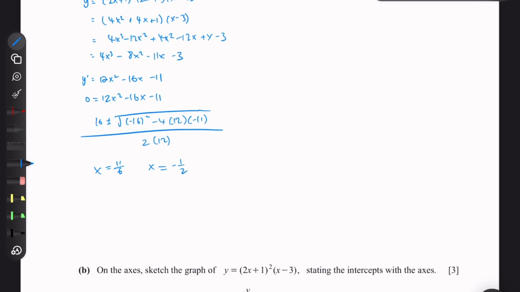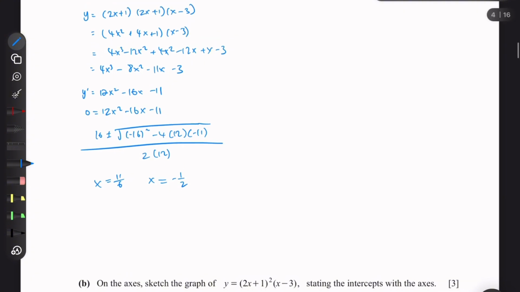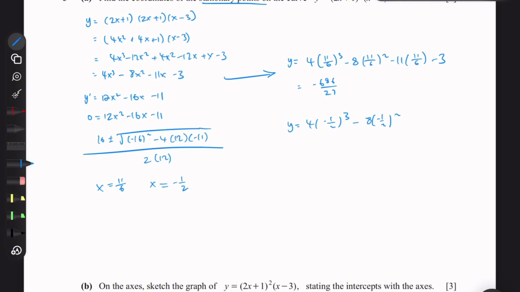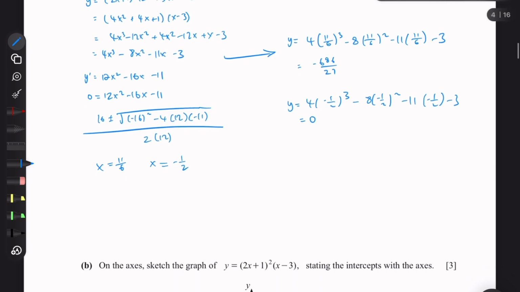And then, because we want the coordinates, we should sub the x values back into the original equation. Okay, so these will be the coordinates.